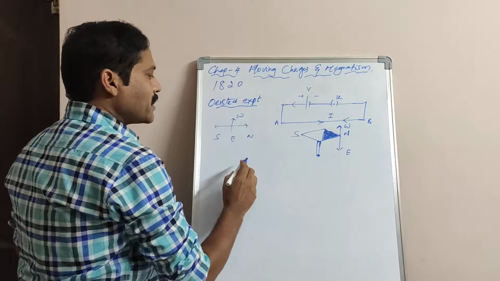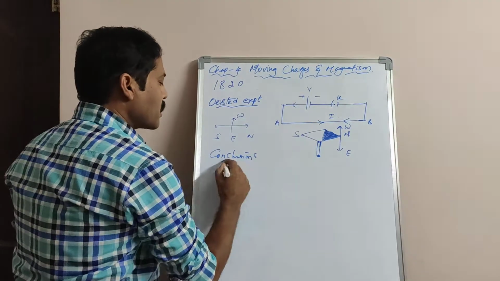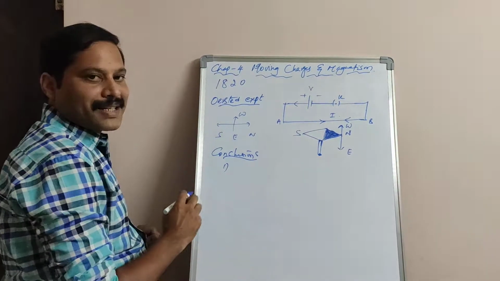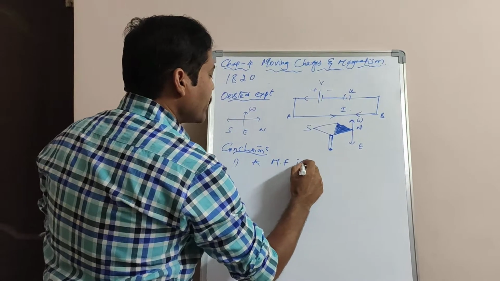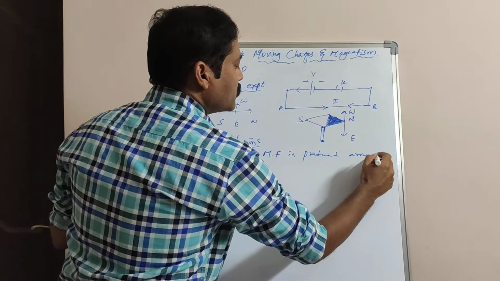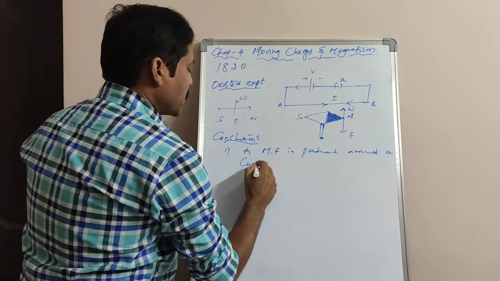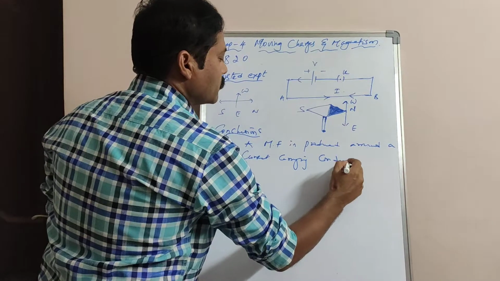From this experiment, he has given out some conclusions. The first one is, a magnetic field is produced around a current carrying conductor.